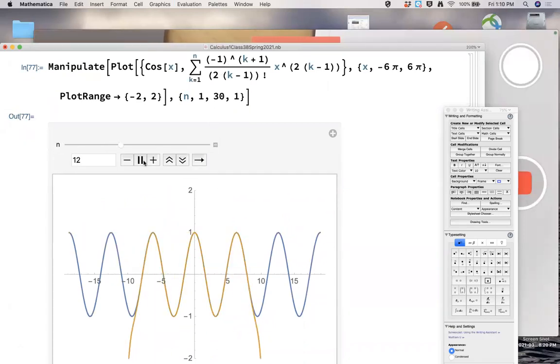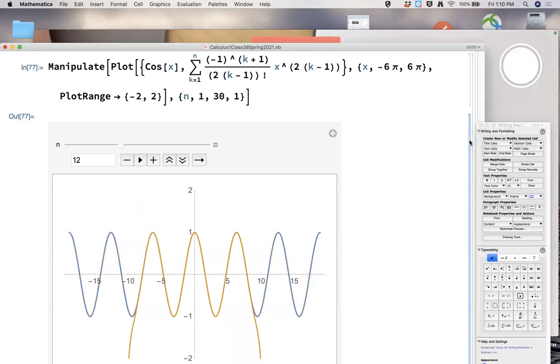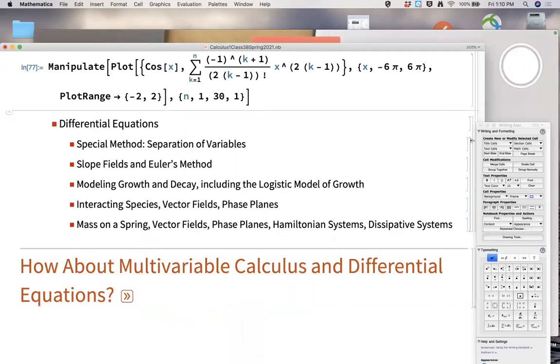In the infinite sum, it actually equals the cosine function, which this animation should make not too surprising. It doesn't look as much like wing flapping as I thought it was going to, but that's okay. That's pretty astonishing. And it turns out to be useful, including to differential equations, which is another subject that we talk about in Calc 2.